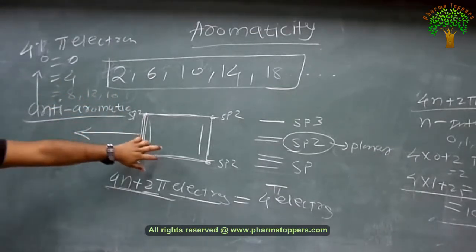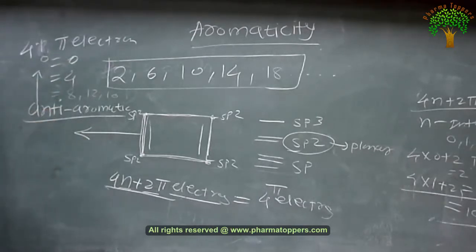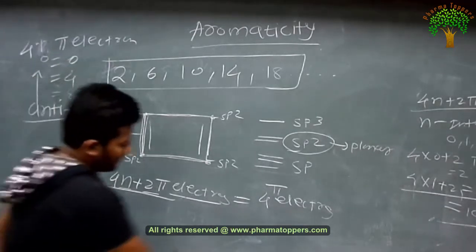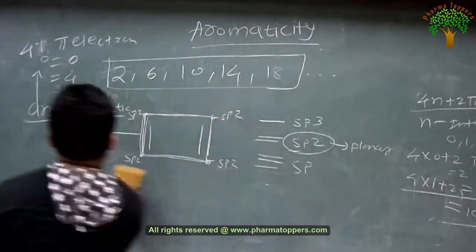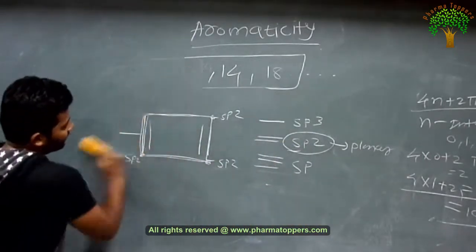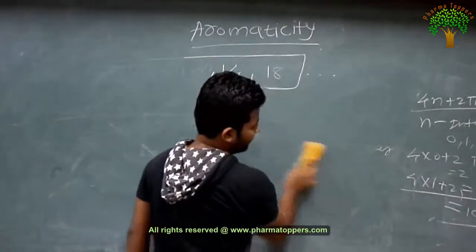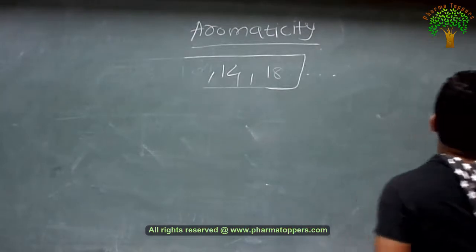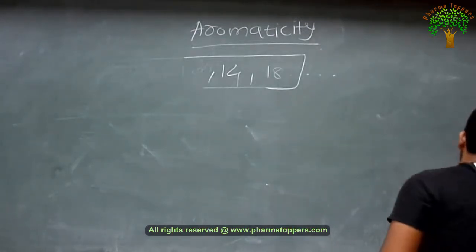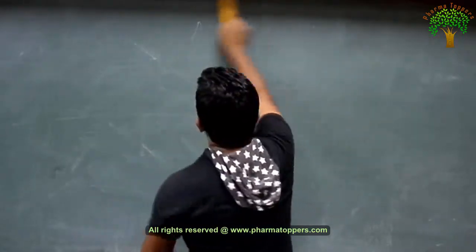It means this structure contains 4 electrons. That's why it is an anti-aromatic structure. This is the simple example that comes in any examination like GPAT. But in case of the GATE examination, there is an increase in the difficulty level of the questions. Let us see what those hard examples are.